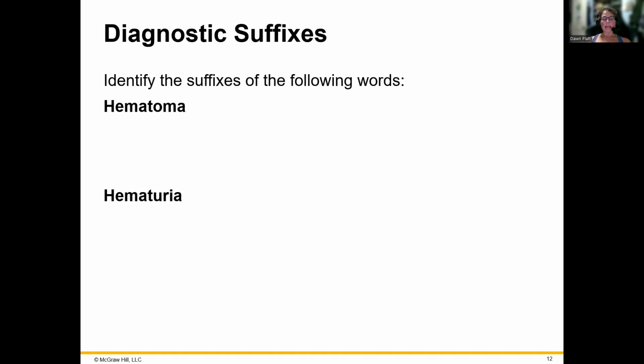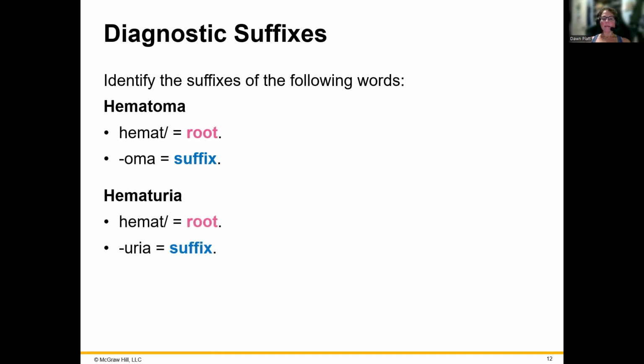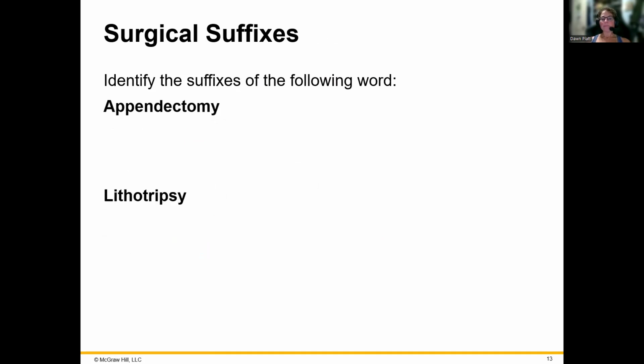Here's an example of diagnostic suffixes where we're diagnosing a condition, or at least the provider's diagnosing a condition. And we have hematoma and hematuria. And then we have surgical suffixes. These are actual surgeries, surgical procedures that would be done within a condition.